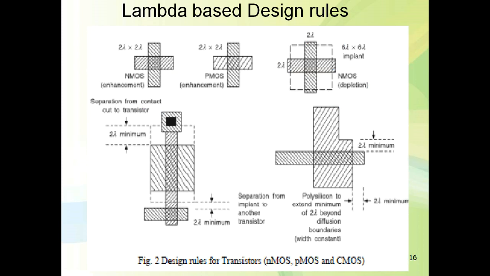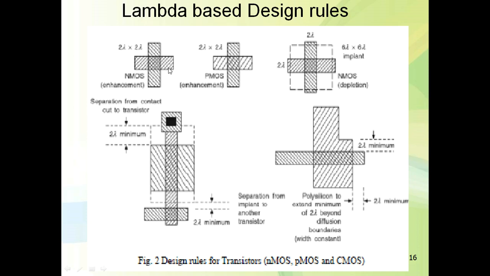You know that when the thin oxide layer crosses the polysilicon layer, a transistor is formed. So how is the NMOS enhancement mode transistor formed? You can see here, this is the N diffusion layer, and this vertical one is the polysilicon layer. The minimum width is 2 lambda, and the minimum width is 2 lambda.